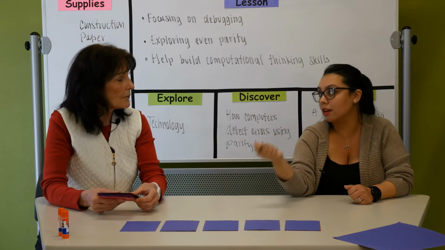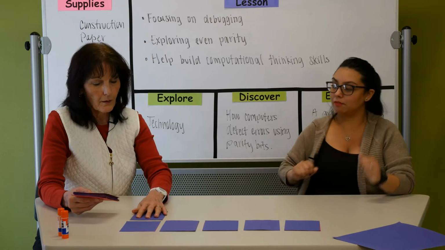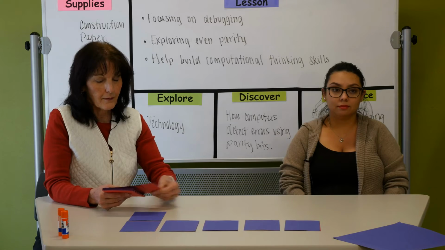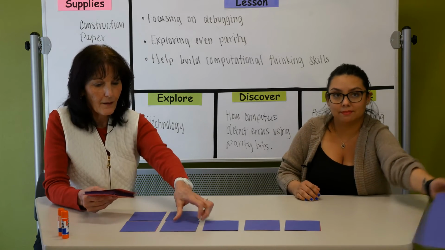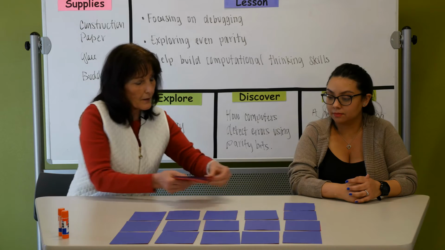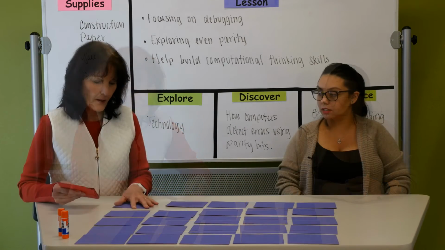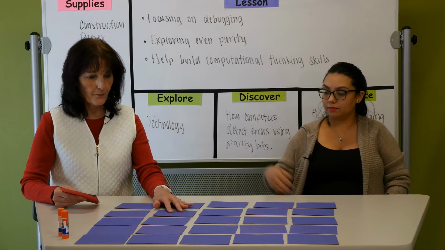You can either have red or purple, so Jean's going to decide which way she wants them flipped. So, 1, 2, 3. This is my 4th row. 5 columns and 5 rows.